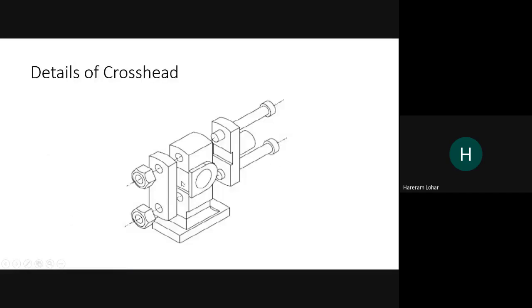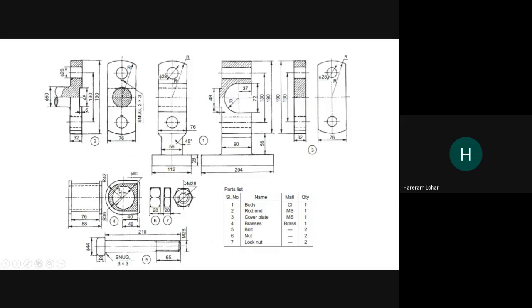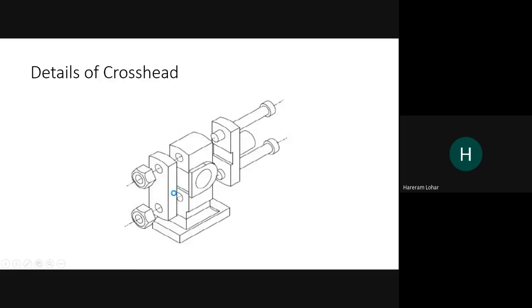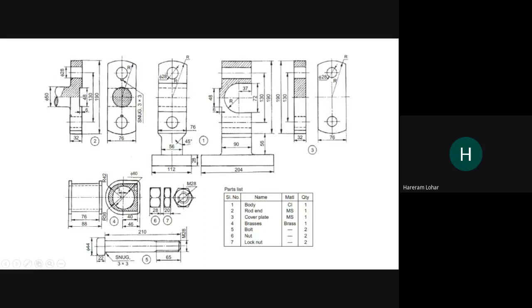Here we can clearly see some color will be there. When we go for that drawing, you can find the outer boundary, and that will be the color. When a sectional view is obtained, the portion from where the material is removed will be hatched, and the color portion will not be.